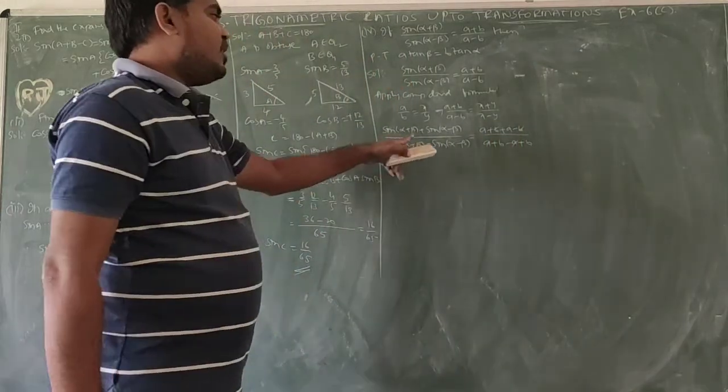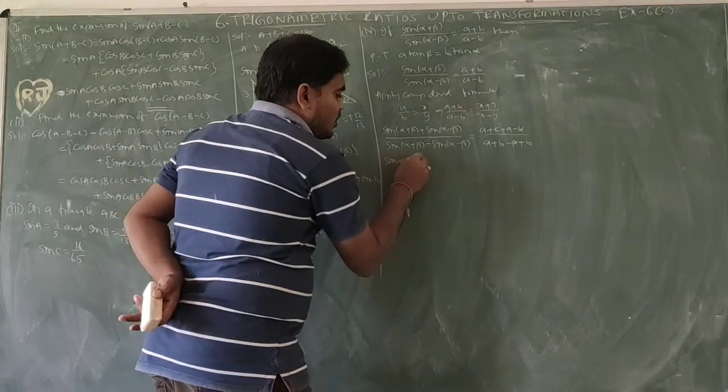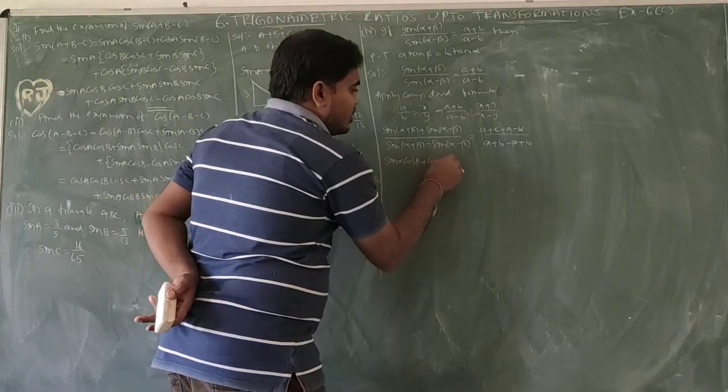Okay, using the formula for sin of (a plus b) and sin of (a minus b): sin alpha cos beta plus cos alpha sin beta, plus sin alpha cos beta minus cos alpha sin beta, by sin alpha cos beta plus cos alpha sin beta minus sin alpha cos beta plus cos alpha sin beta.